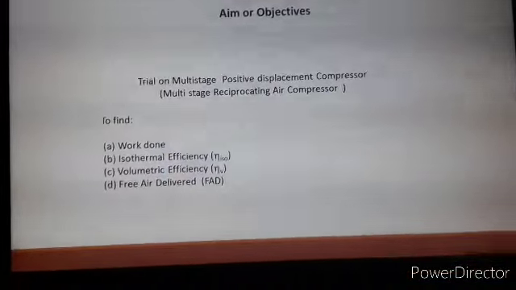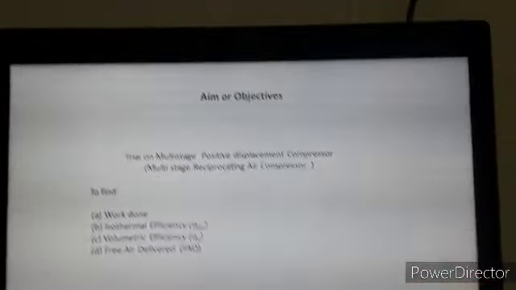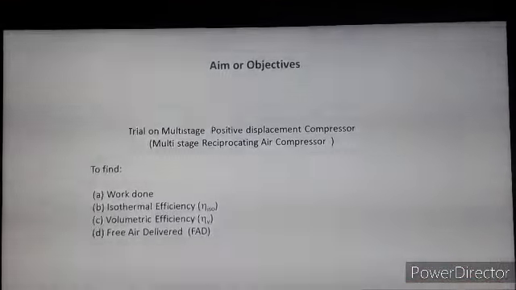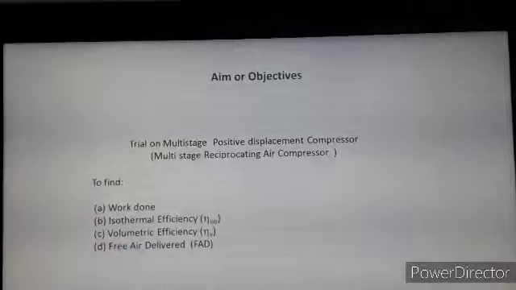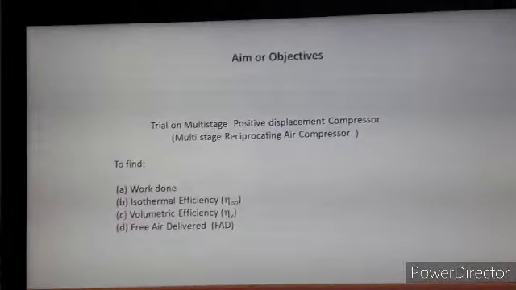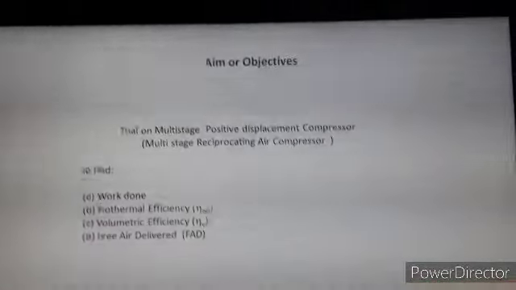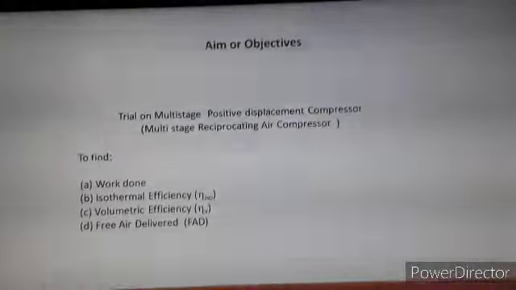For our experimental arrangement, we have a two-stage reciprocating air compressor. In the two-stage reciprocating air compressor, we have a low pressure cylinder and a high pressure cylinder, and in between the low pressure cylinder and high pressure cylinder, we have an intercooler. We'll discuss the setup in the next slide.